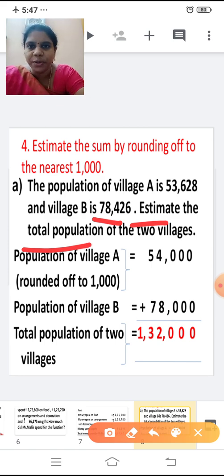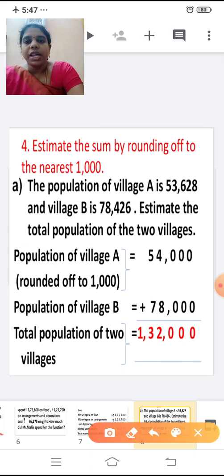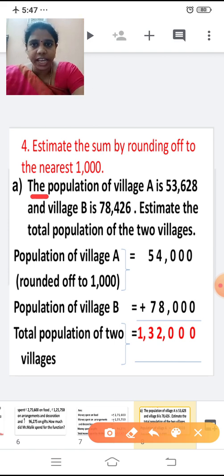Total means what will you do? We are going to add, right, of the two villages, but we are going to find out the sum by the rounding off method, estimation method, right? Now, the population of village A is 53,628 and village B is 78,426. Estimate the total population of the two villages.